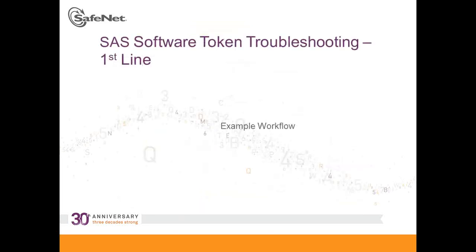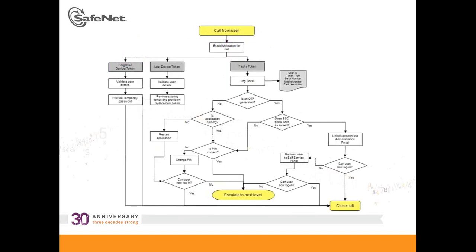We talk about software tokens. This is an example workflow for software-based tokens. Again, we'd have workflow if they forgot or lost their device, and we've got troubleshooting for the software token. Again, reported that the token's faulty, log a ticket. Is the token generating a code? No, it's not. Is the application running?